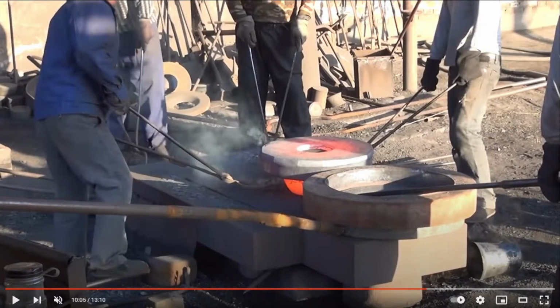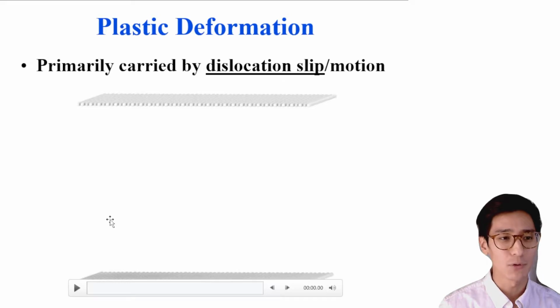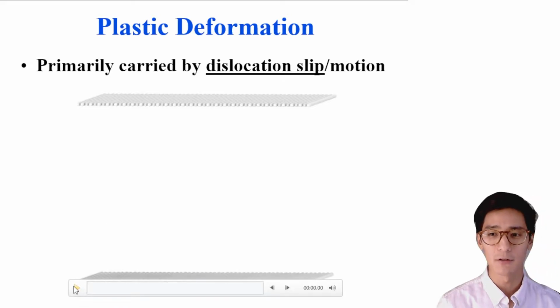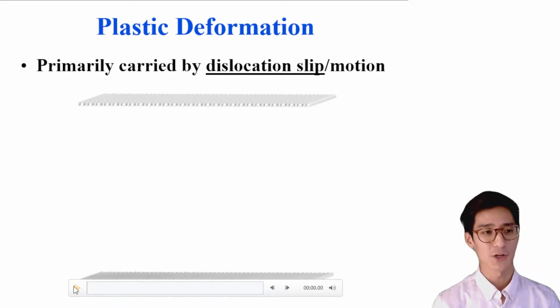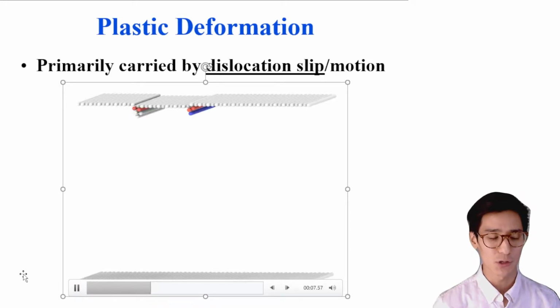The shaping of these parts through forging is done through a process known as plastic deformation, or permanent deformation of the material. As we introduced in Chapter 5, this is carried by dislocations. An illustrative example of the atomic scale deformation and dislocation glide is shown here in a nanoindentation simulation.